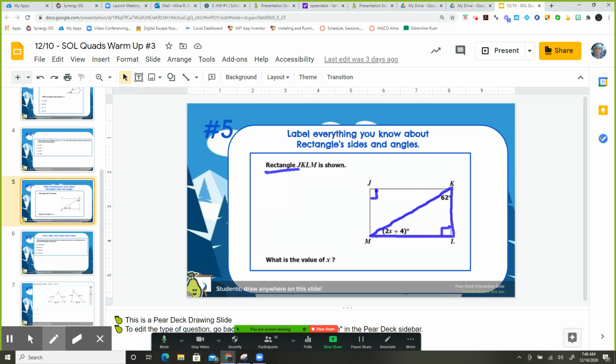And what do I know about all the angles in every triangle ever created on Earth? They all add up to, what should all of those angles in the blue triangle add up to be? 180. Yeah, absolutely.